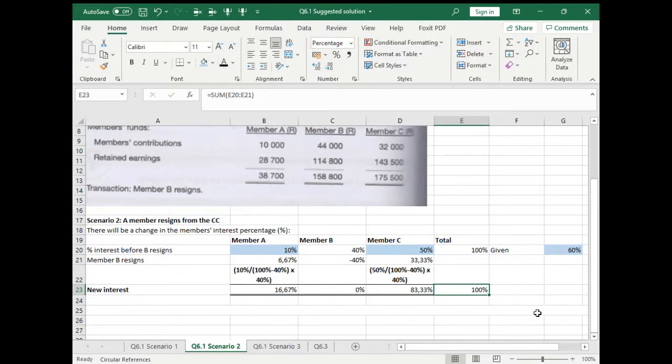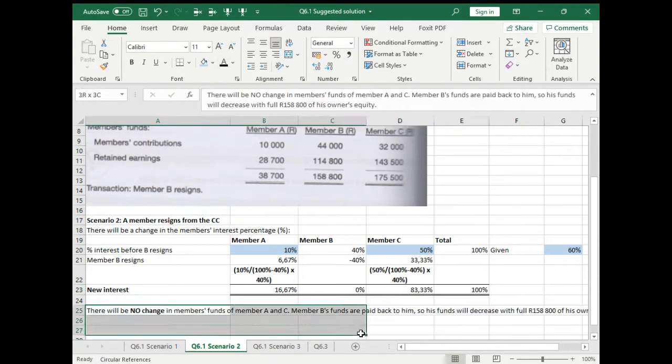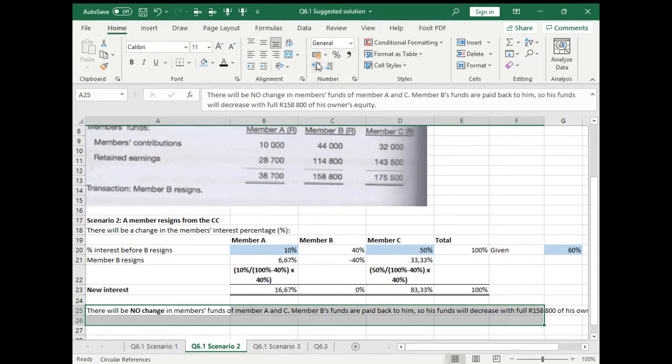Okay, now if we look at the equity, okay, let me just merge this and wrap it here.